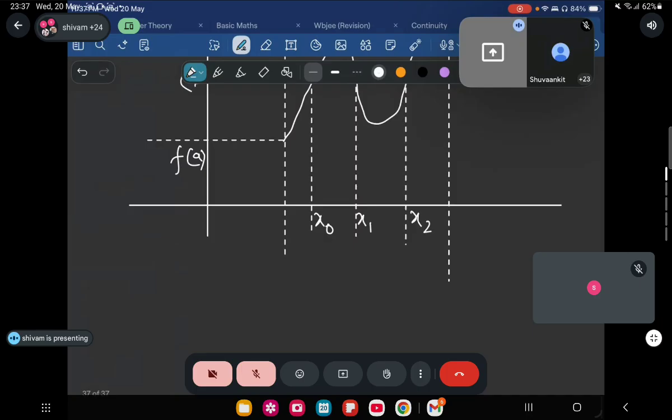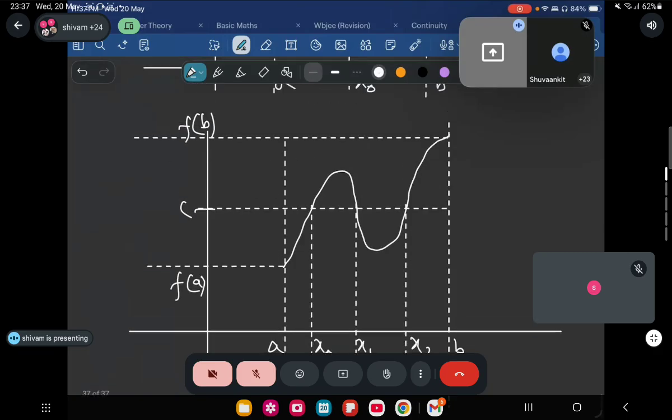So let us see the proof. Now let us come to the mathematical proof. Over here, it can happen that f of a is greater than f of b, for a decreasing function.